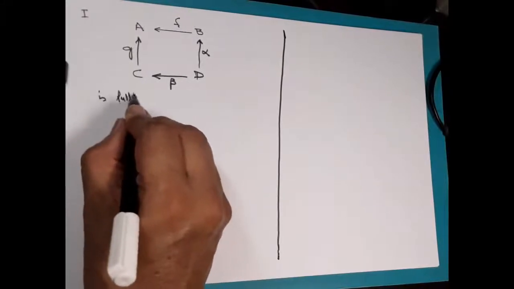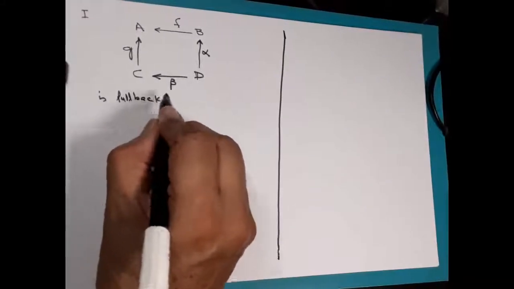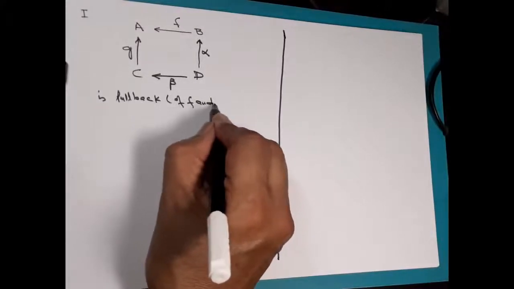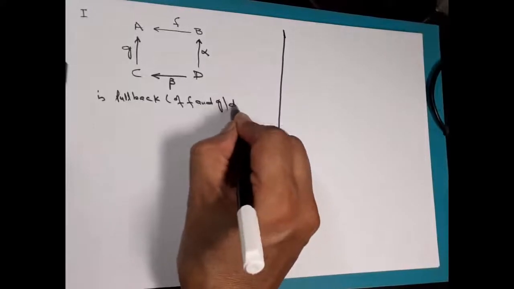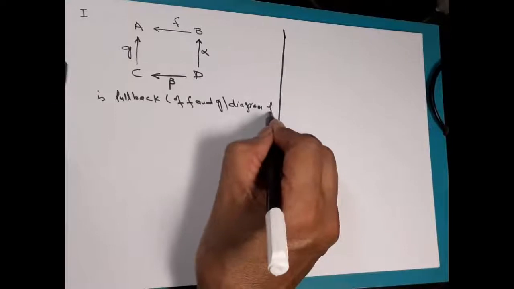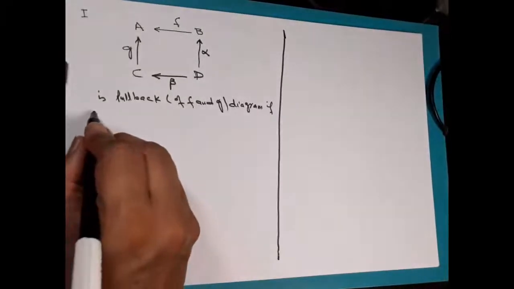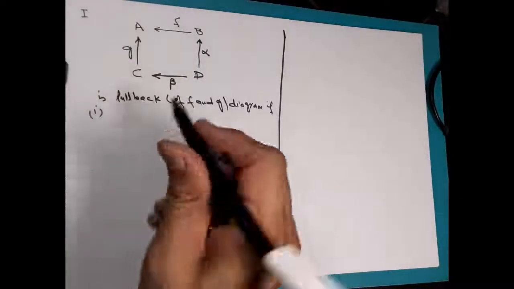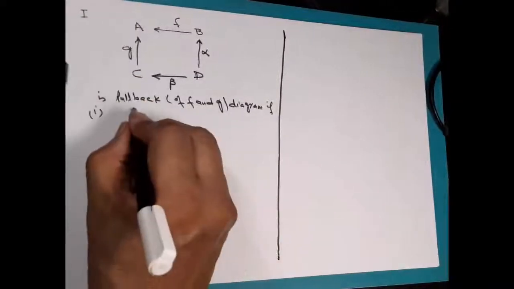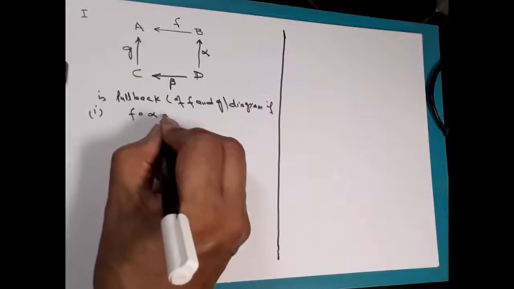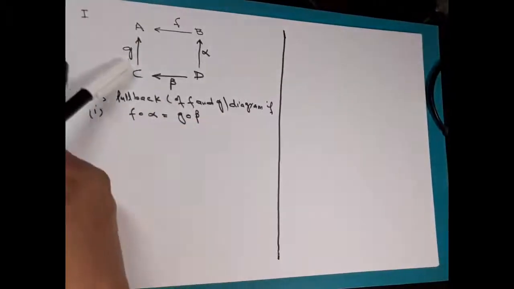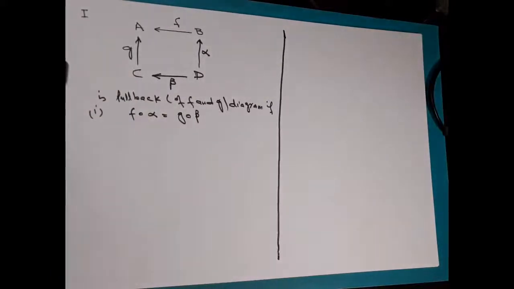This diagram is the pullback of F and G if there are two conditions. First of all, F composed with alpha is equal to G composed with beta, that is, this diagram has to commute.